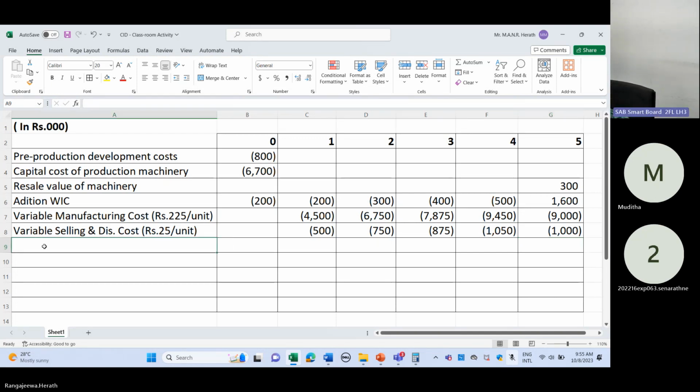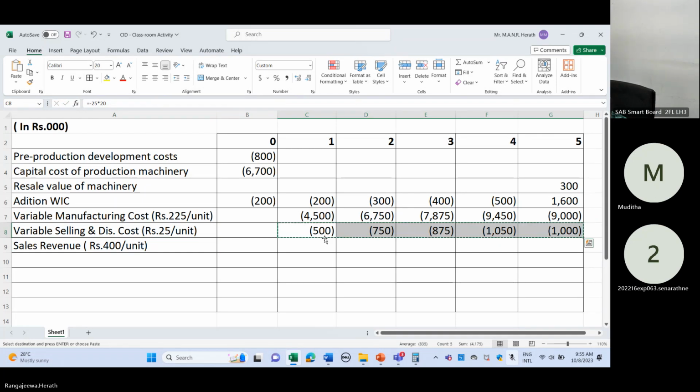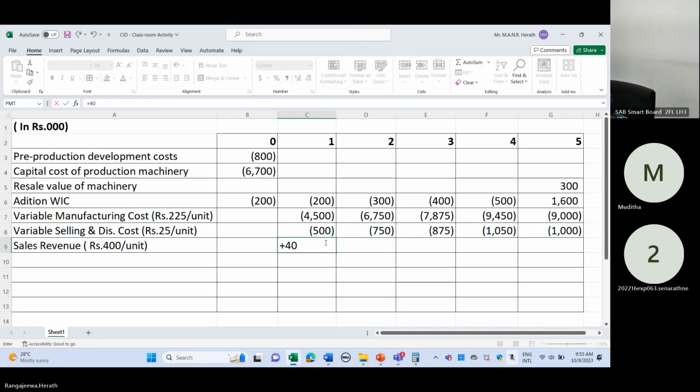Then the sales revenue. The selling price is rupees 400 per unit, and we multiply by the same quantities: 400 into 20, 400 into 30, 400 into 35, 400 into 42, 400 into 40.